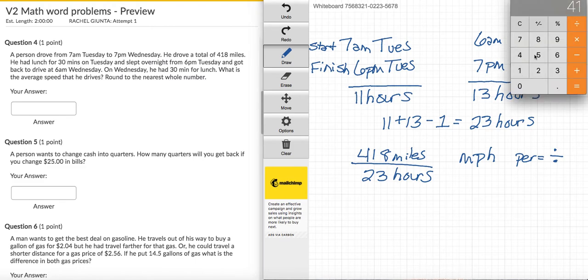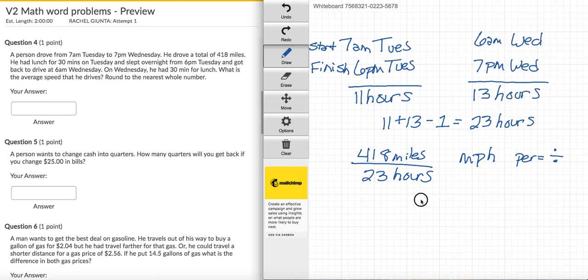So it's 418 miles divided by the 23 hours that he was driving, and that gives you 18.17, and we want to round it to the nearest whole number. So the 1 after the 8 means we're going to keep it an 8 and not round up. So the answer is going to be 18 miles per hour.